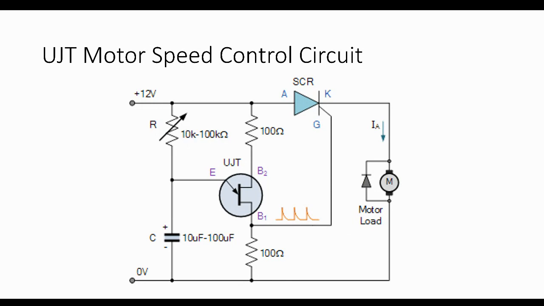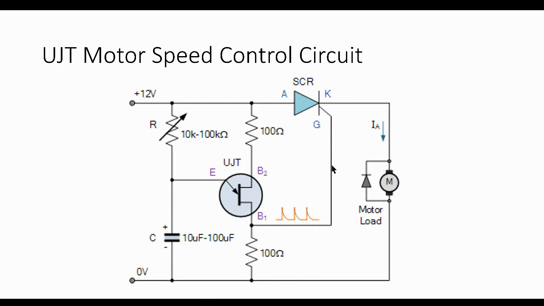Is there a question? Yes, sir. So in a practical sense, the pulse from B1, would it cause the motor to pulse or run straight? No, it's not pulsing. Remember, the idea here is that at the gate we need a narrow positive pulse to switch this device on, right?